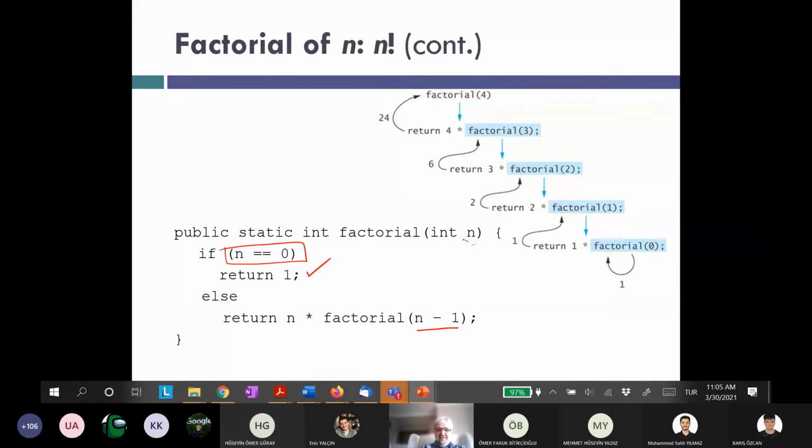From n to n minus 1, n minus 1 to n minus 2, etc., it proceeds to the base case. That is correct. And if factorial of n minus 1 is correctly calculated, is factorial of n this one? Yes, it is. So we have verified that this algorithm is correct, right?